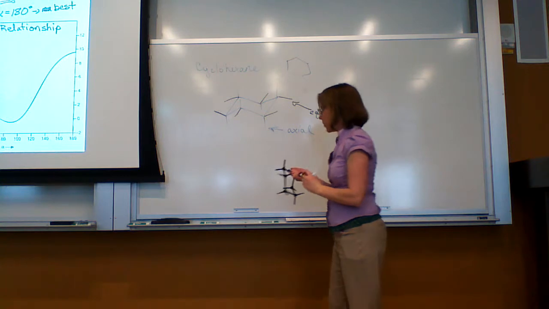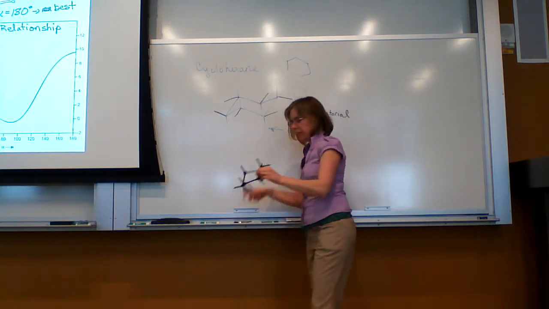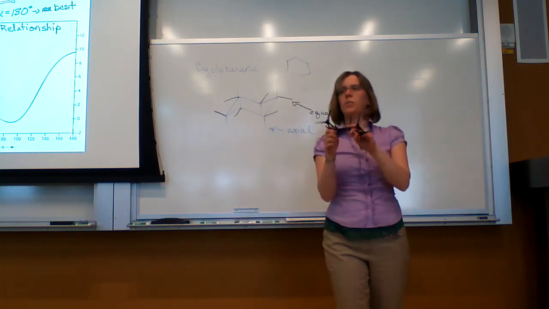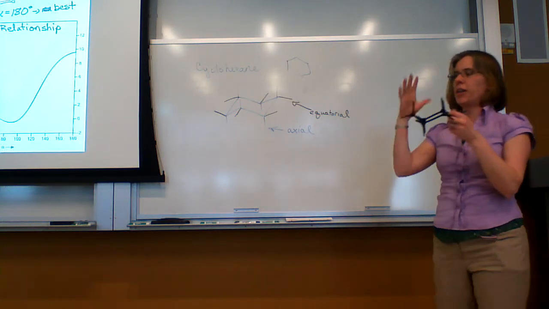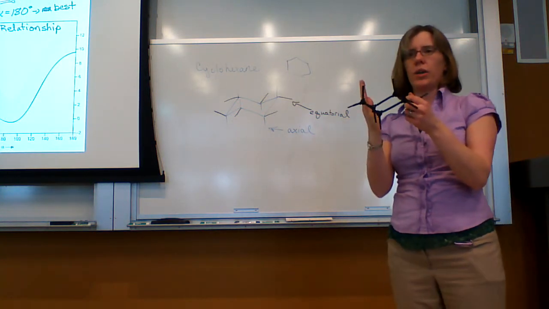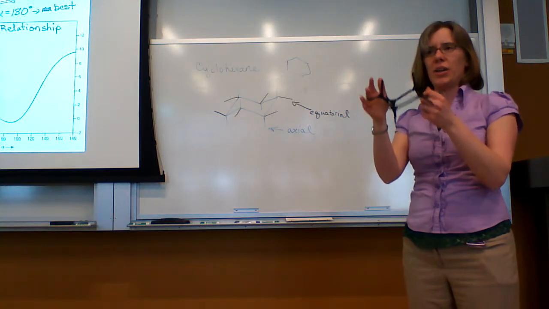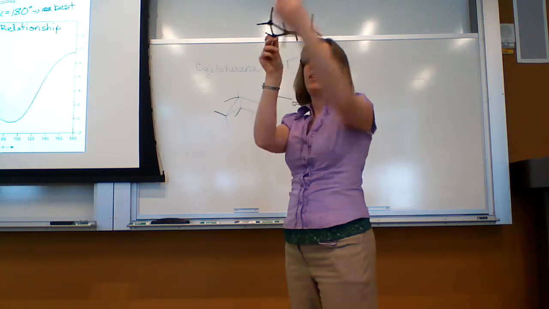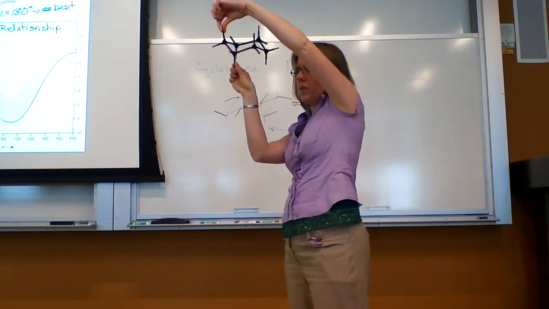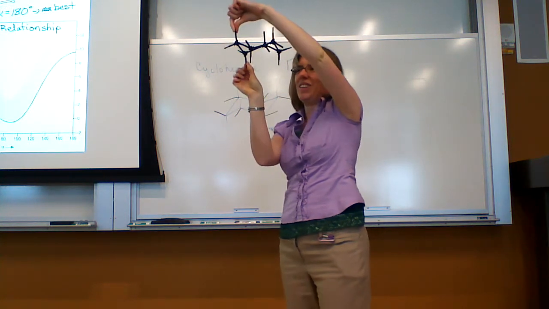This matters for the coupling constant because you have different angles between the hydrogens depending on whether we're looking at an axial-axial interaction, an axial-equatorial interaction, or an equatorial-equatorial interaction. For an axial-axial interaction, if you look at the two I'm holding on to, what's their angle? 180.